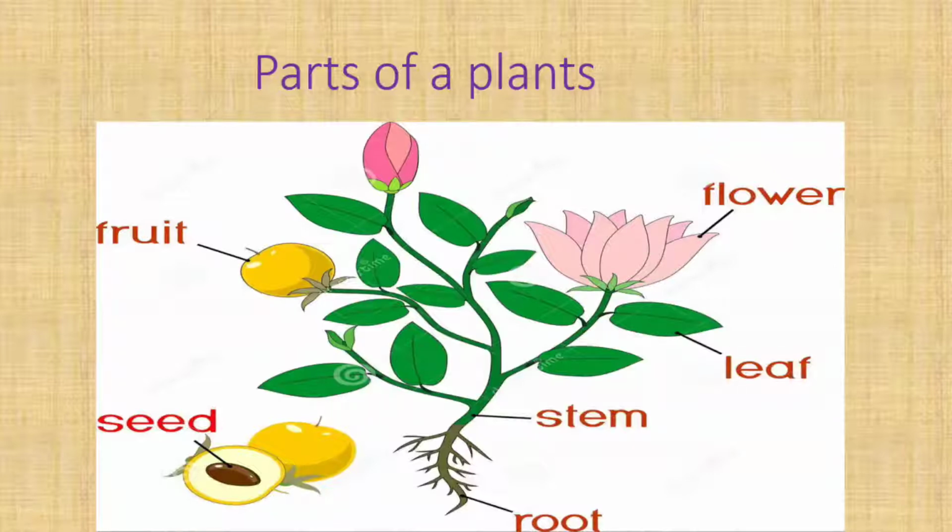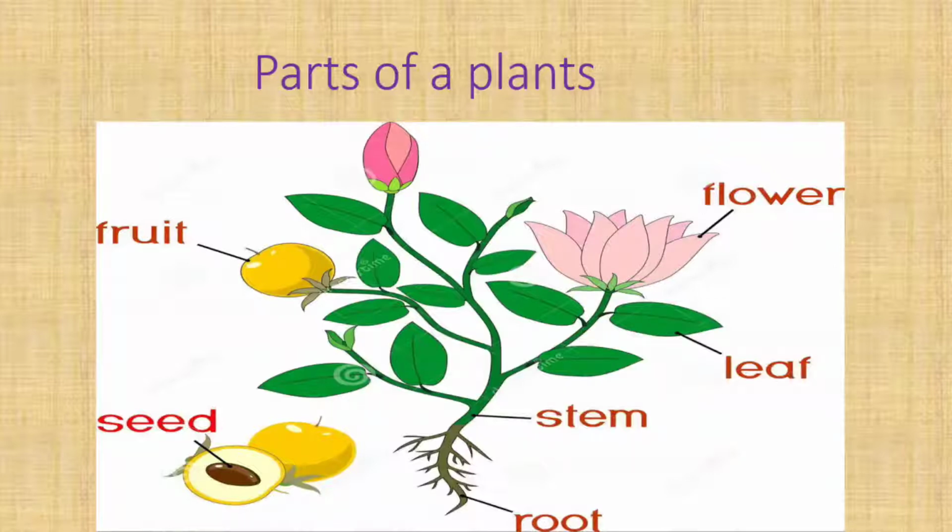Leaves. They are mostly green in color and prepare food with the help of sunlight. Flowers. They gradually convert into fruits. And the last one is fruits. They have seeds which will reproduce the same kind of plant.